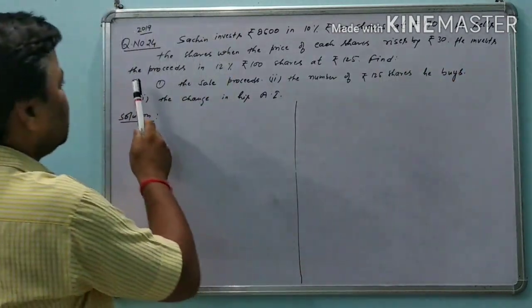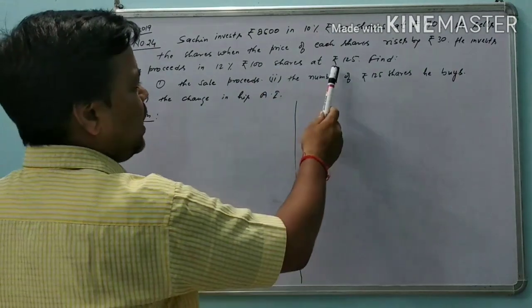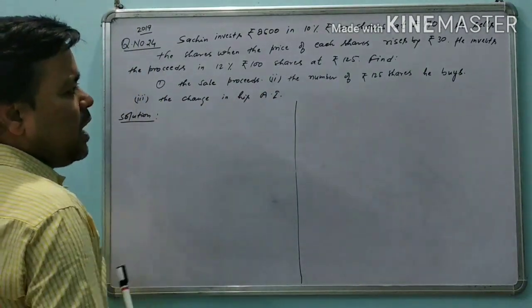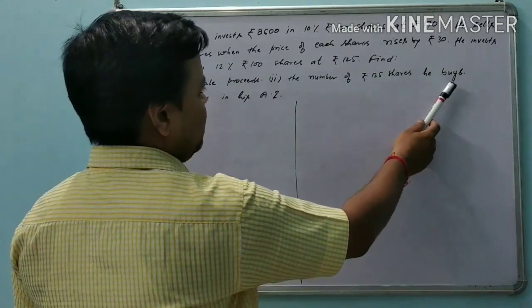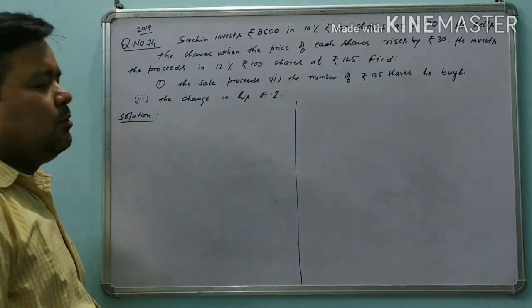He invests the proceeds in 12% rupees 100 shares at rupees 125. Then find the sale proceeds, the number of rupees 125 shares he buys, and the change in his annual income.